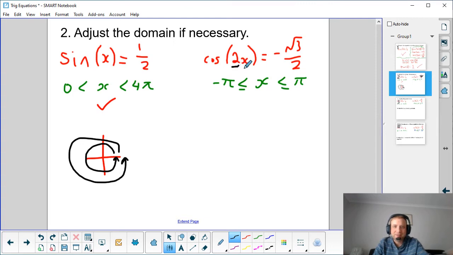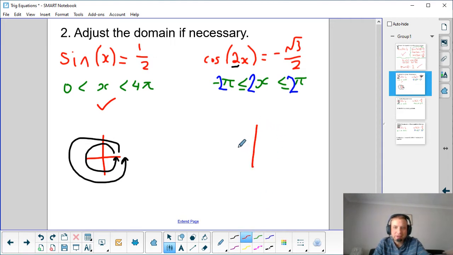The 2x, this is now where we worry about that, because it changes our domain, because we're technically rotating twice as fast around our unit circle. So what we just do is we apply that 2 to the domain. Since the x is being multiplied by 2, the endpoints of the domain need to be multiplied by 2 as well. So this is now a domain from negative 2 pi up to 2 pi.